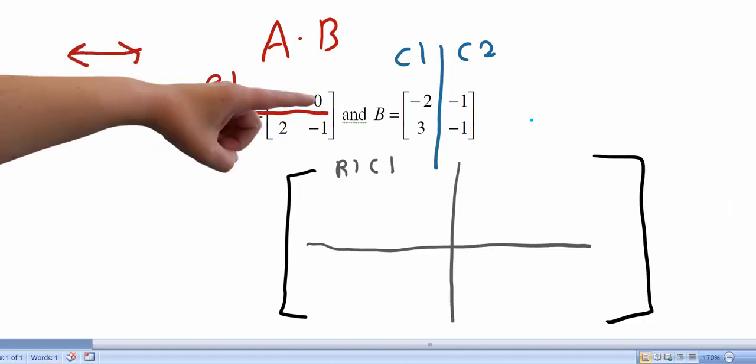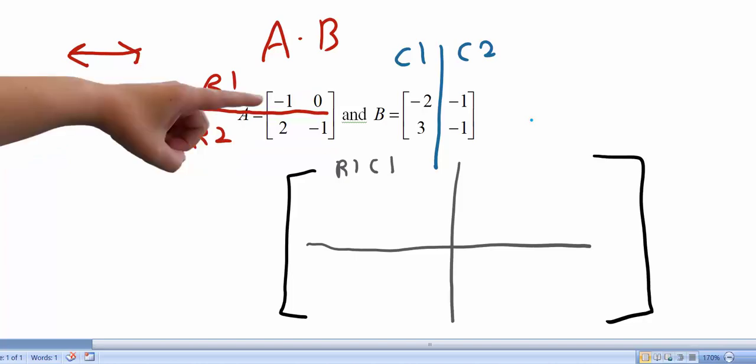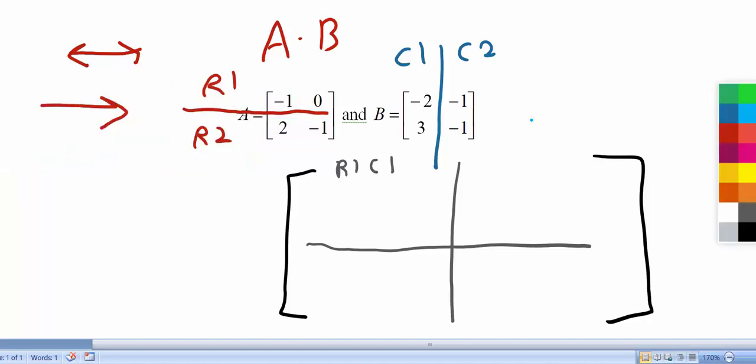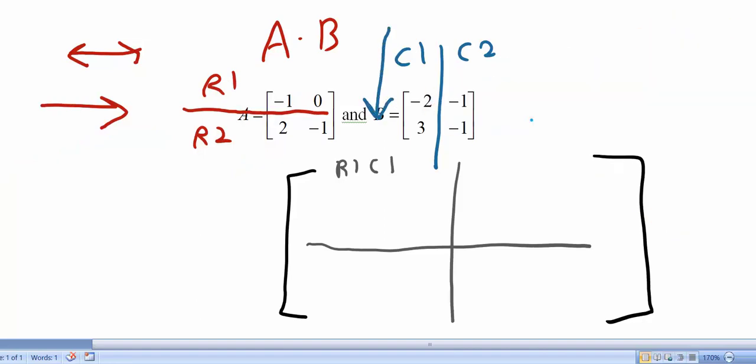With our right finger, we're going to be going up and down, in particular going down. So we are multiplying this row with this column, and we're technically distributing. And each time we move our fingers, we add.